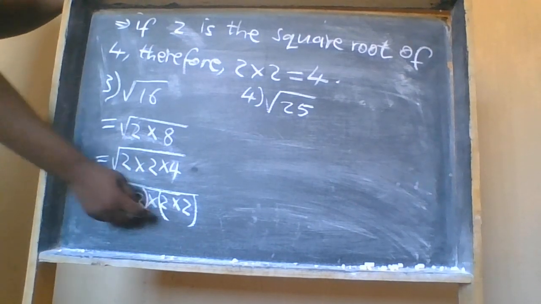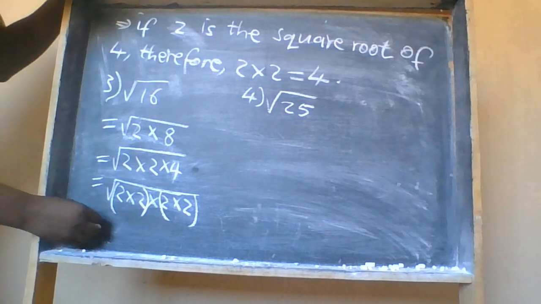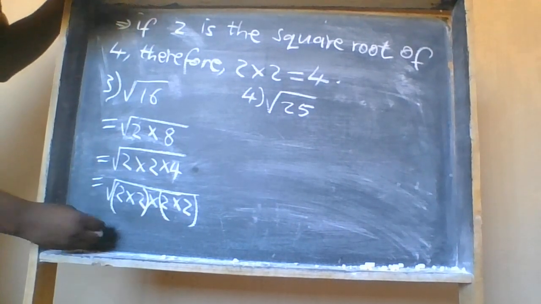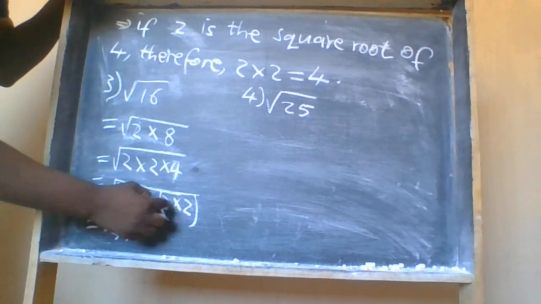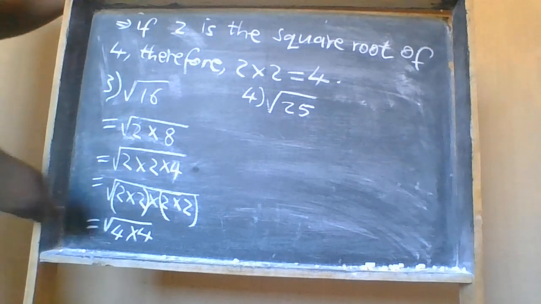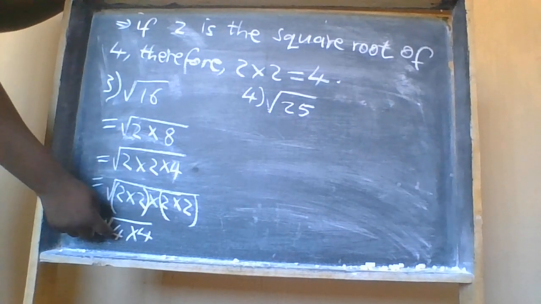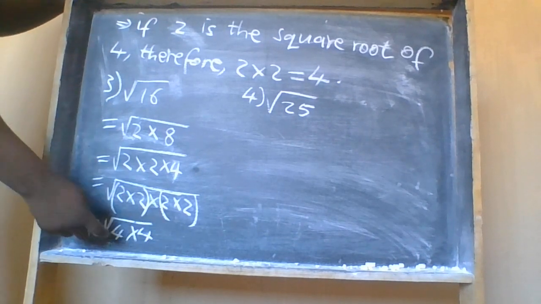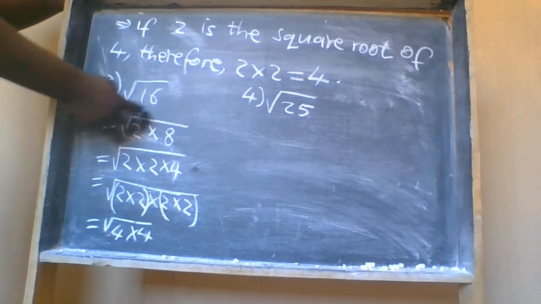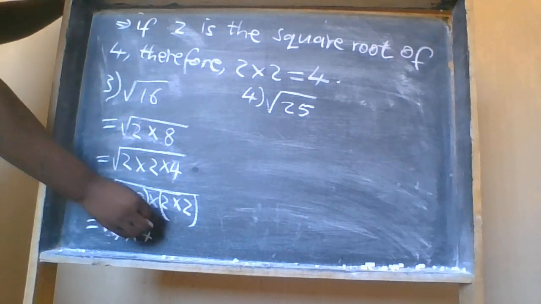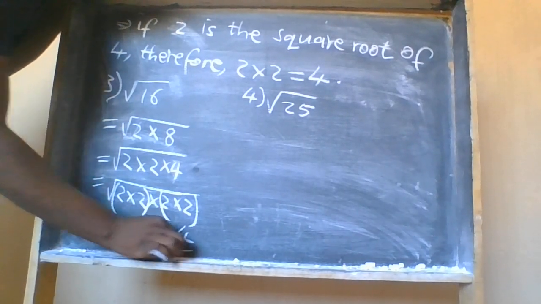it takes us back to the first answer I gave you. We are going to find that 2 times 2 gives us 4, and again 2 times 2 gives 4. The moment you have the same number inside the square root, which is 2, you know those are the two numbers that, when you multiply, give you the original number you are finding the square root of. So this will give us 4.